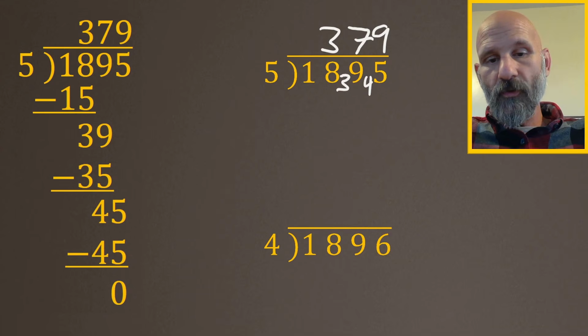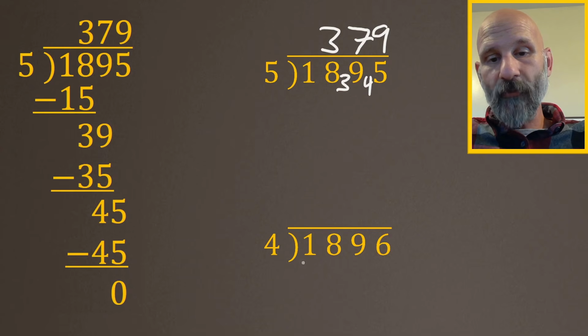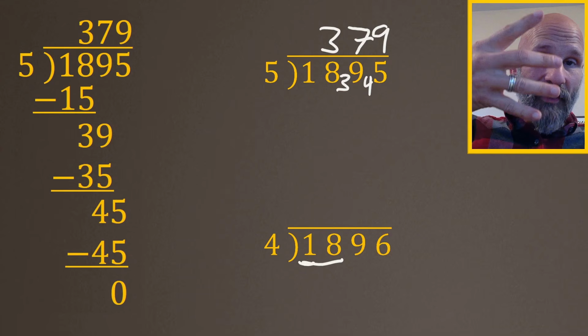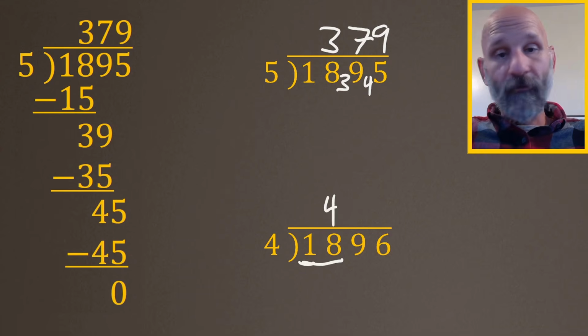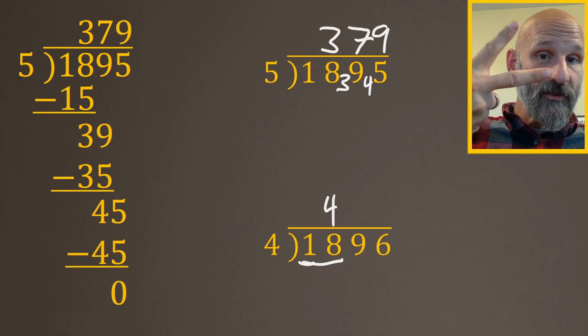Okay, so here we go. So we got 4 divides into 1,896. 4 doesn't divide into 1, so we look at 18. 4 divides into 18 4 times. 4 times 4 is 16. Subtract. 18 minus 16 is 2.